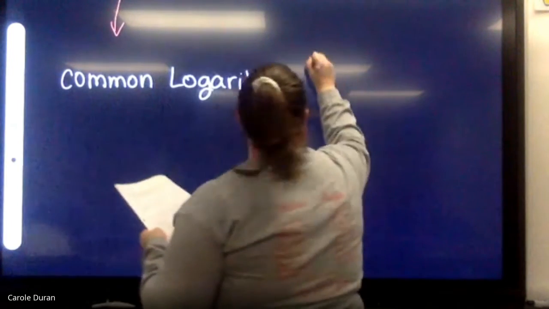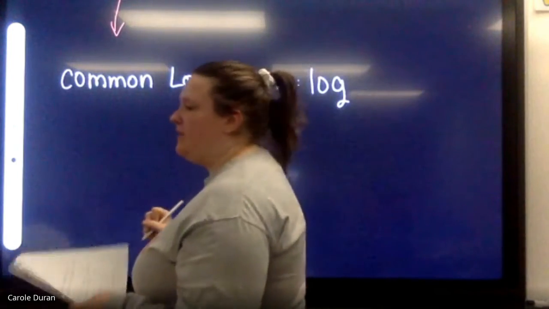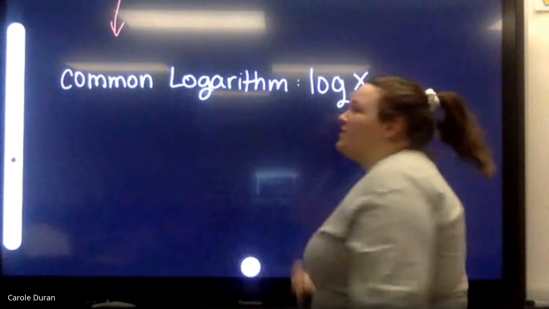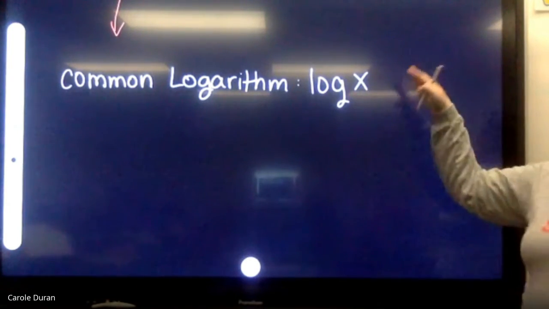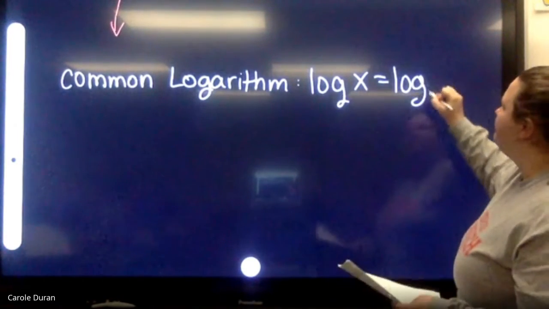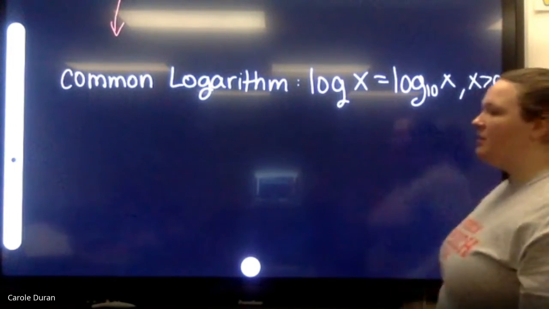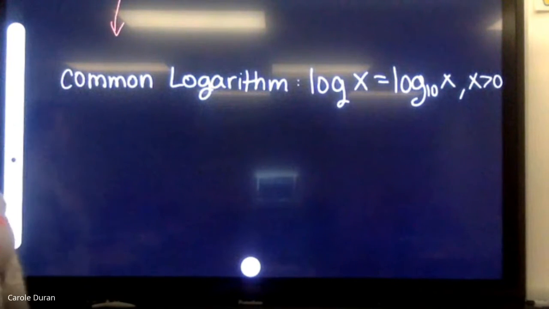Which is log base 10, essentially. So if I have log of x, that is the same as log base 10 of x. And this applies when x is greater than 0, which is why on my graph, I didn't plot any negative x values and I didn't plot 0. Okay, because 0 would be an asymptote there.